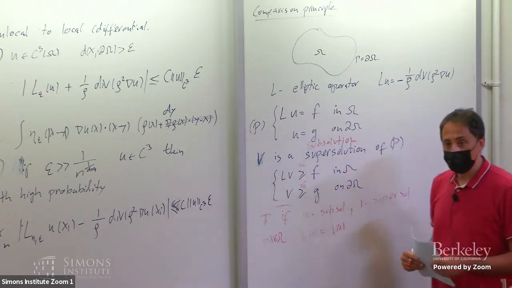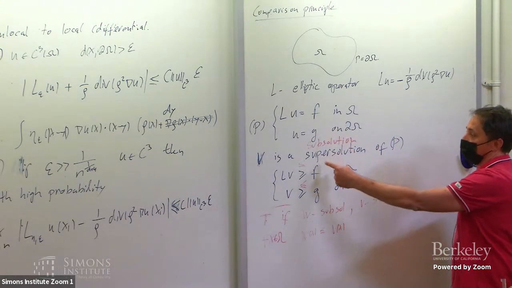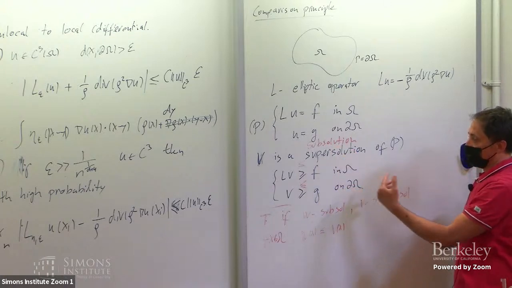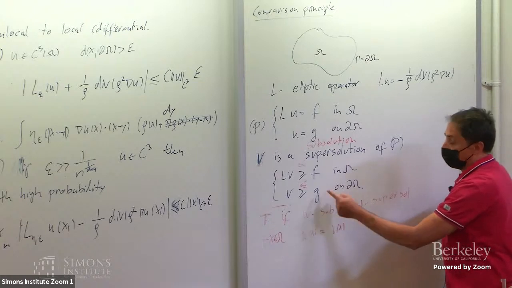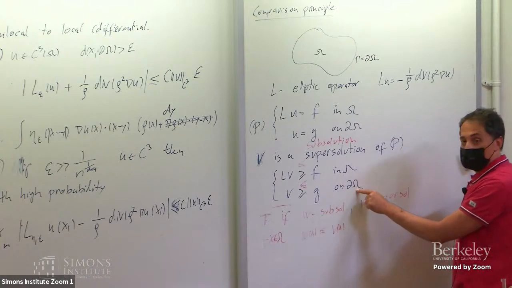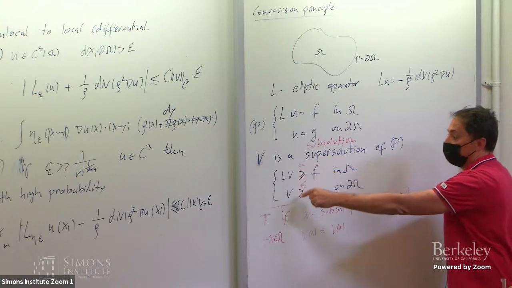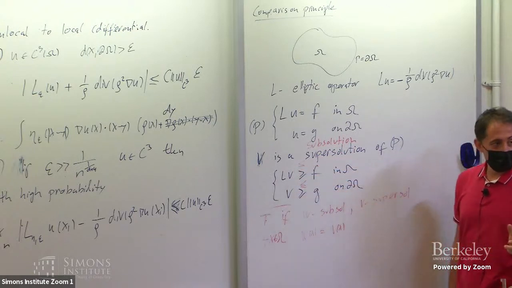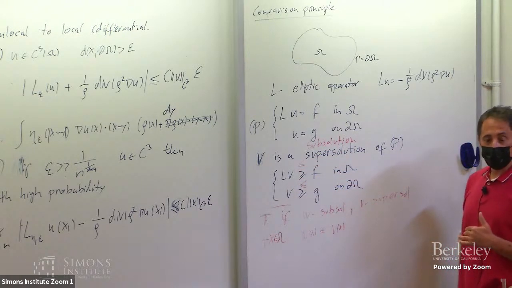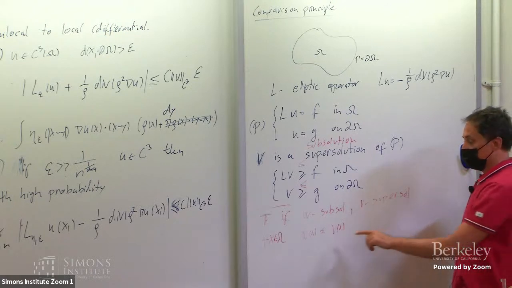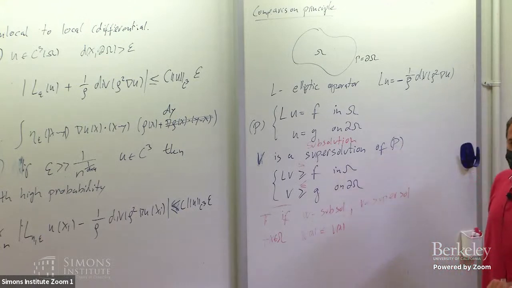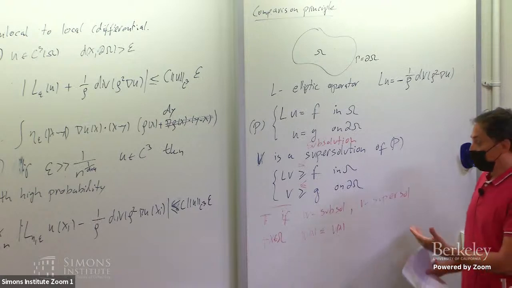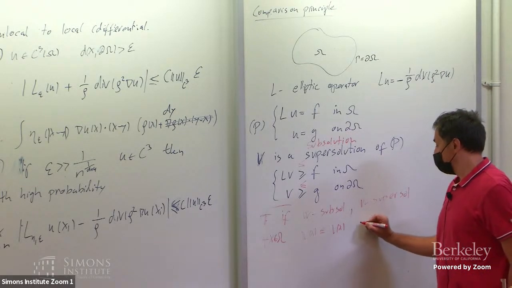Note what the definition tells you: it just tells you that g is between them on the boundary, and that inside they satisfy some operator inequalities, but it doesn't tell you anything about how the values of v and w are related. The comparison principle tells you that v must be greater or equal than w everywhere in the domain.